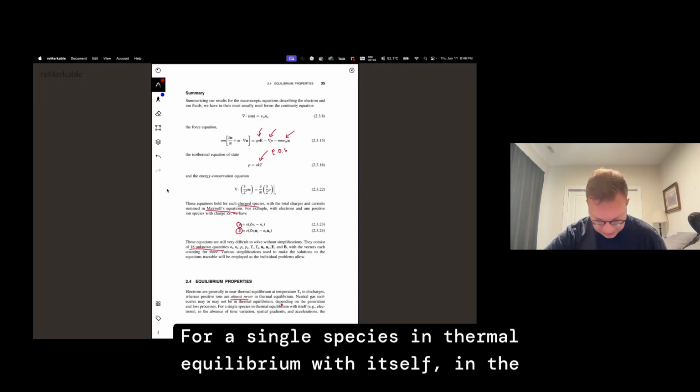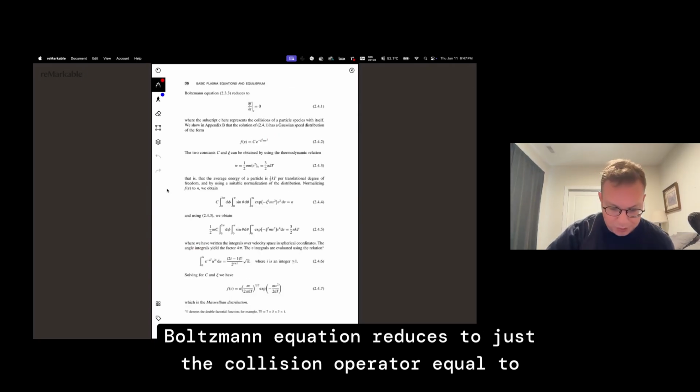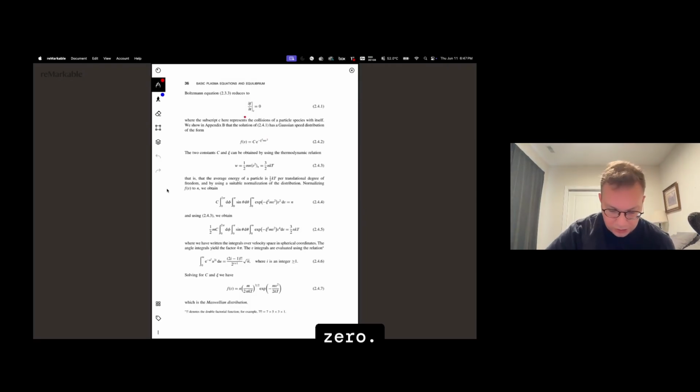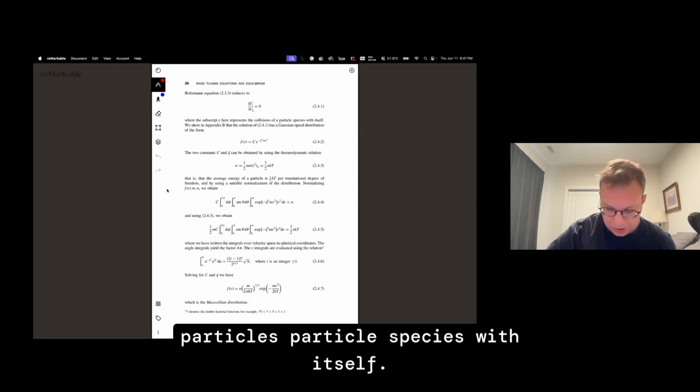For a single species in thermal equilibrium with itself, in the absence of time variation, spatial gradients, and accelerations, the Boltzmann equation reduces to just the collision operator equal to 0, where the subscript C represents the collisions of the particle species with itself.